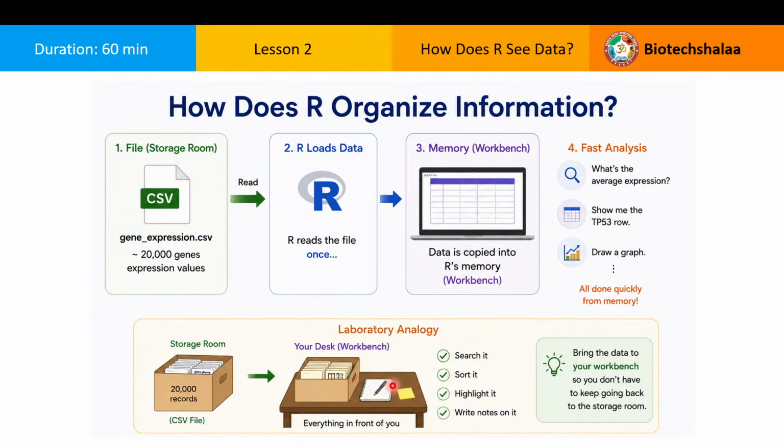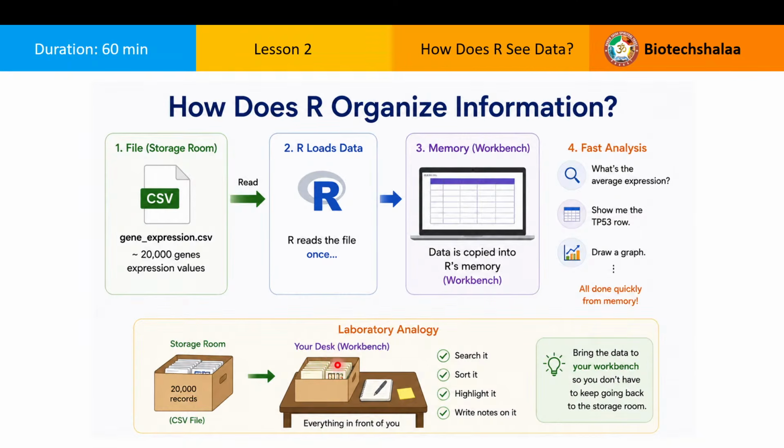So we never work this way. A scientist would never work like this. So each box gets a label. For example, here we have 20,000 records written. So just imagine that we put a label on it saying it is gene expression data. On another box, we mention that it is patient data. On another box, we mention that it is clinical data, right? So the label doesn't change what's inside the box.